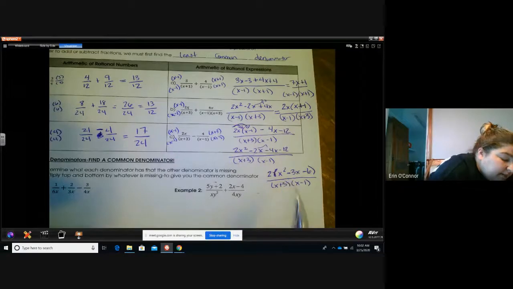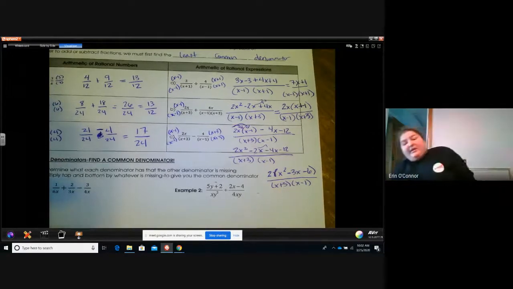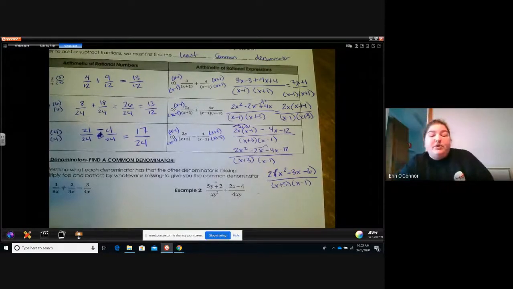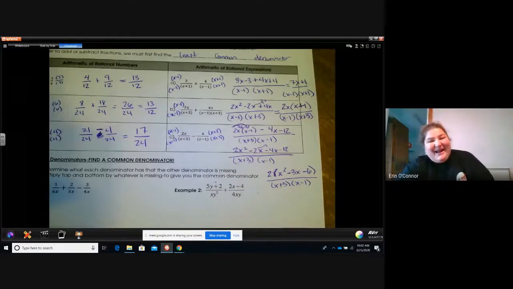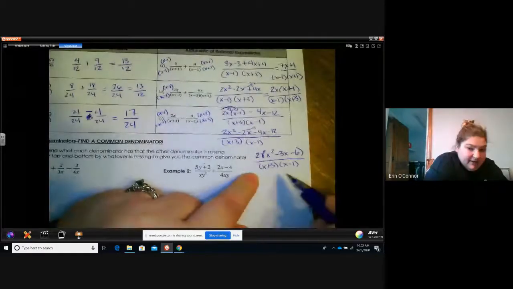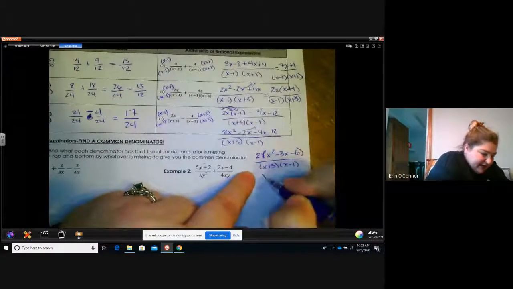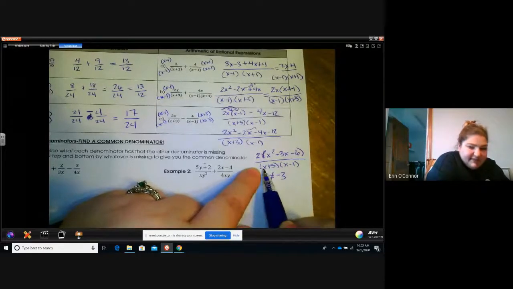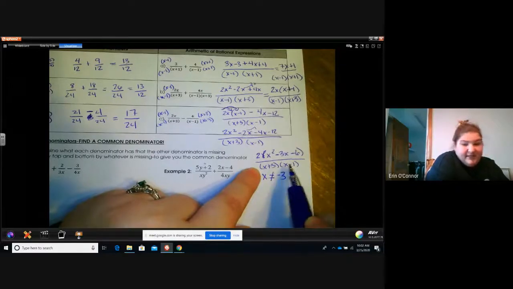We are all good. Now, I did tell you that in a later video we were going to talk about what restrictions mean. Restrictions mean, before you simplify, what can x not be, because it's going to give you a denominator of 0. So this can't be simplified anyway, but x here cannot be negative 3, because if x is negative 3, negative 3 plus 3 is 0. 0 times whatever this is going to be 0.